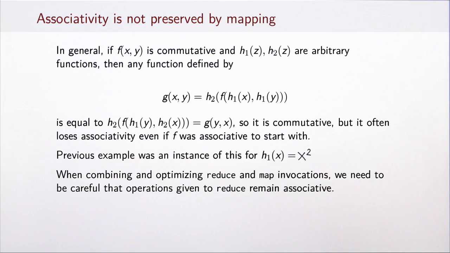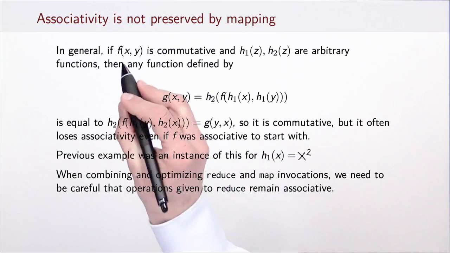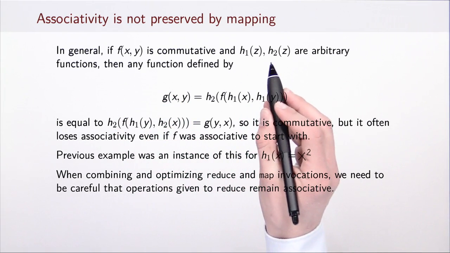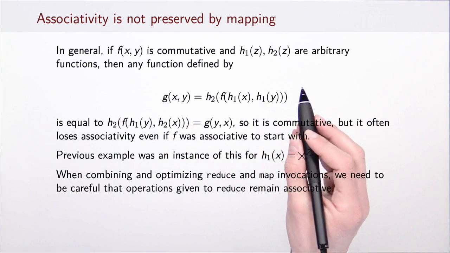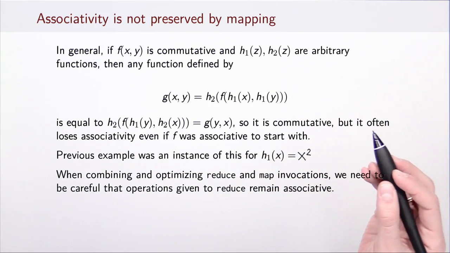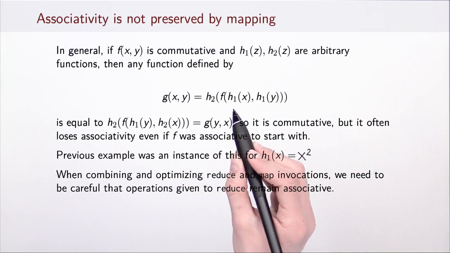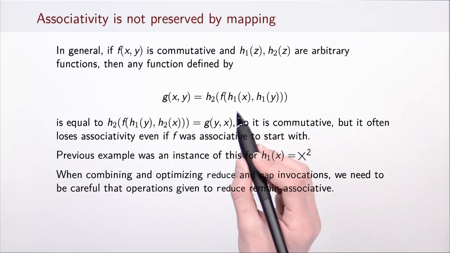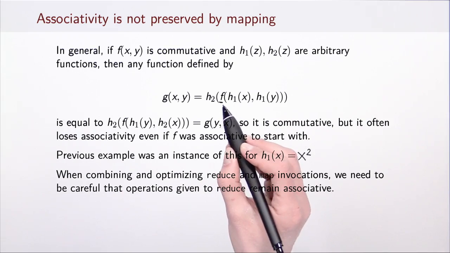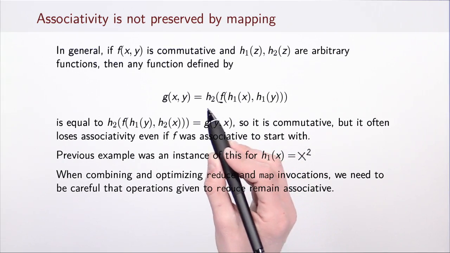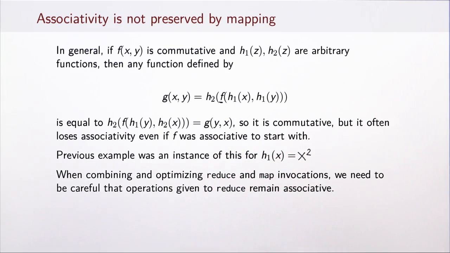In general, if f is a commutative operation and h1 and h2 are two functions of one argument, then the function g defined by applying h1 to each of the arguments, then applying f, and then applying h2 to the result, remains commutative.